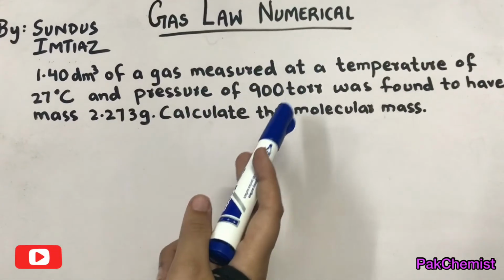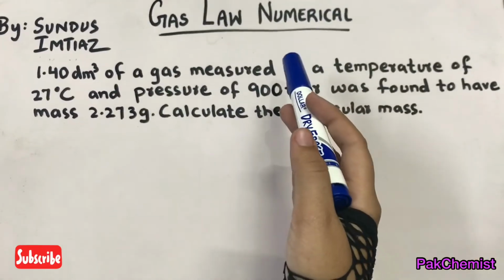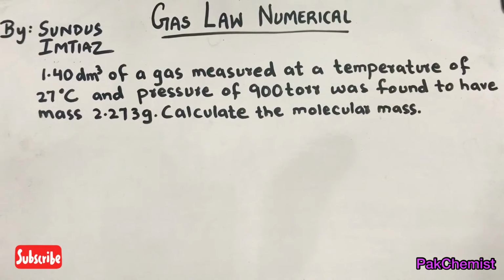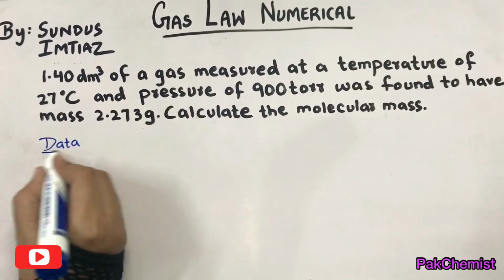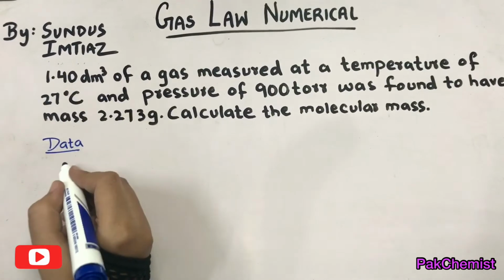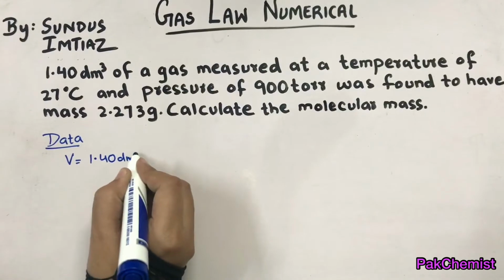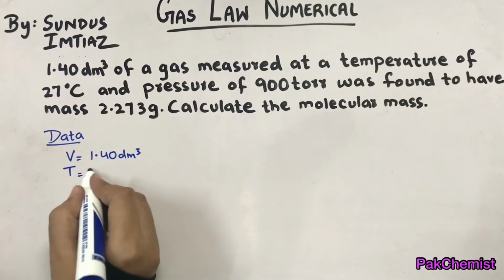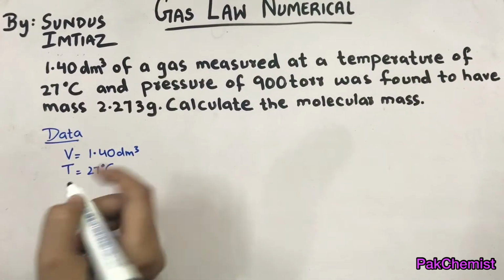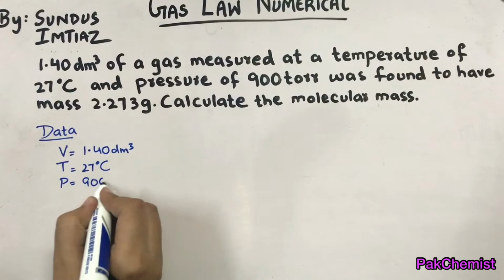Now you have to calculate the molecular mass of this gas. So let's make the data. First, the volume given here is 1.40 decimeter cube. The temperature given here is 27 degrees centigrade. The pressure given here is 900 torr.